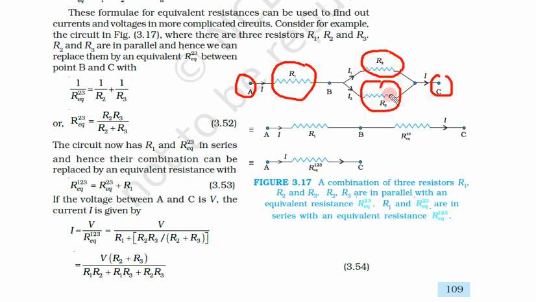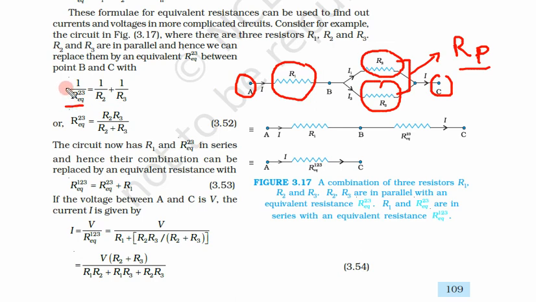So what we can do is first calculate Rp for these resistances, and then simply add R1 and Rp to make an equivalent series resistance. So let us calculate what this Rp is.